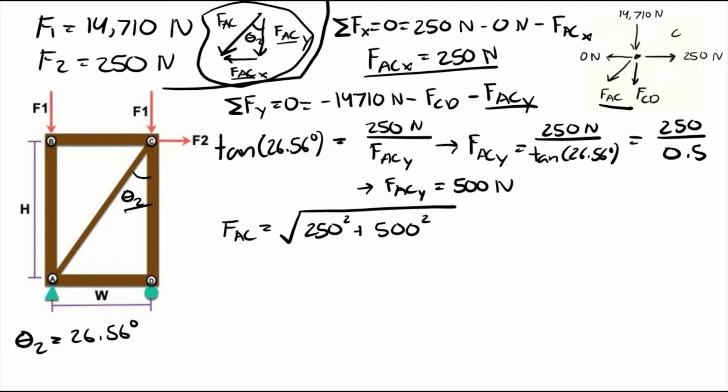It's how you find the hypotenuse in a triangle. And this makes it so F sub AC is equal to roughly 560 newtons.